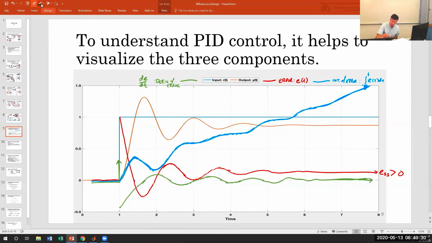And the reason I bring this up is, well, a couple reasons. First is to show you that if the steady state error is non-zero, then the integral of the error runs away. So that's one reason why integrators help combat steady state error.